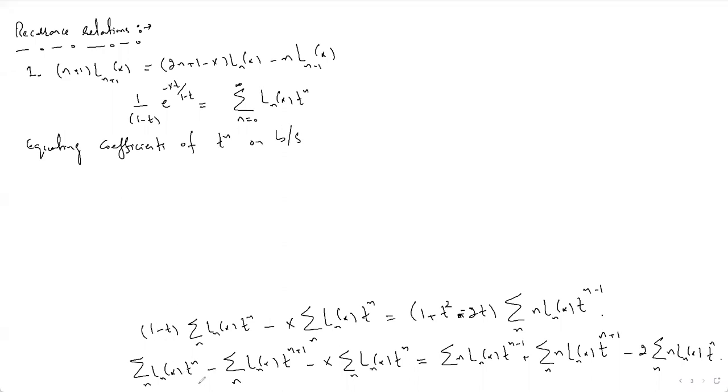Okay, so on equating the coefficient of t raised to power n on both sides, I will write down simply here as t raised power n. On the left hand side, it is ln of x. T raised power n, it will be n equal to n plus n minus 1. So it will be minus ln minus 1 of x. Here minus x ln of x. Okay, this will be equal to n ln of x. Oh, sorry, n.